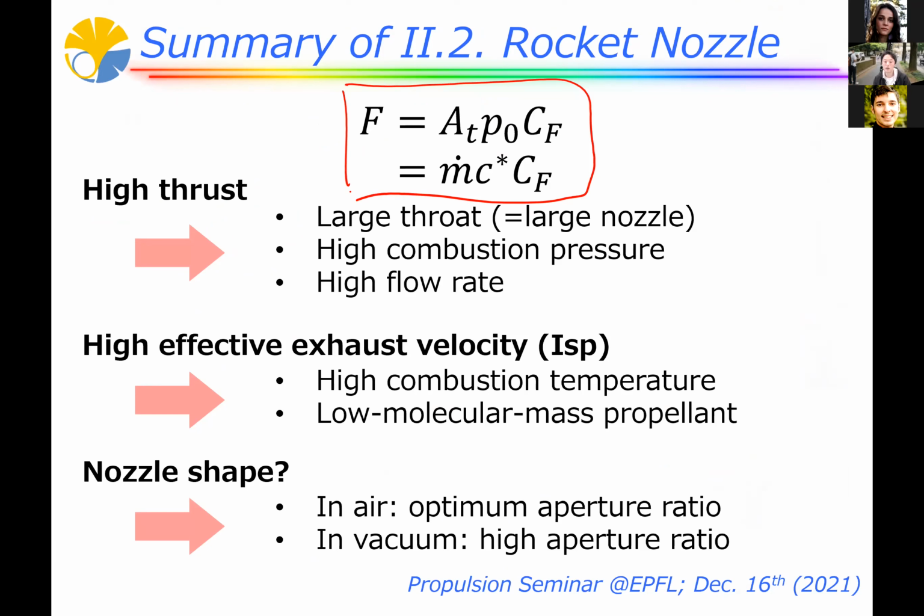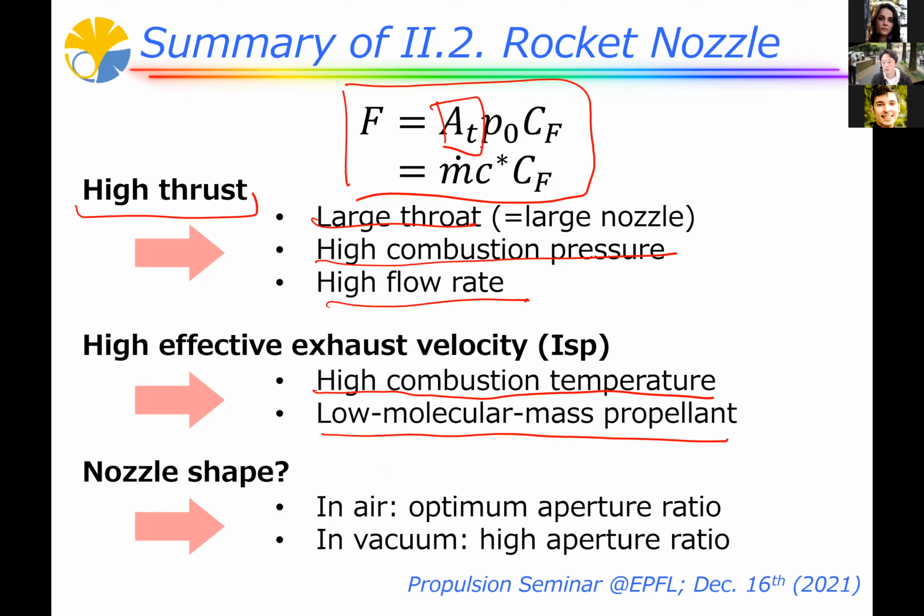And from these equations, we can know that if you want high thrust, the methods are a large throat area, or high combustion pressure, or high flow rate. And if you want high effective exhaust velocity or high Isp, what you should do is high combustion temperature or low molecular mass propellant, from the c-star dependence.